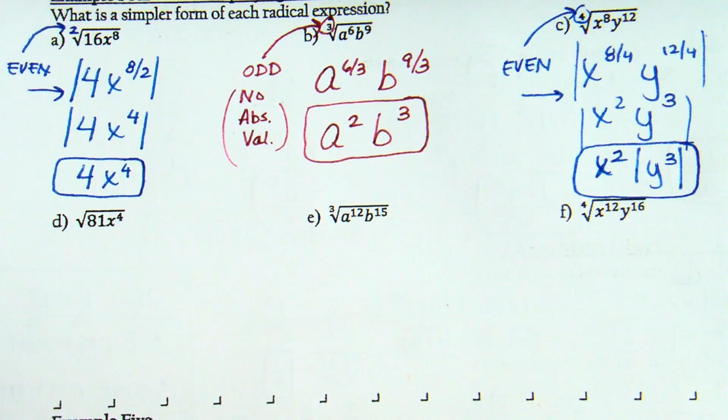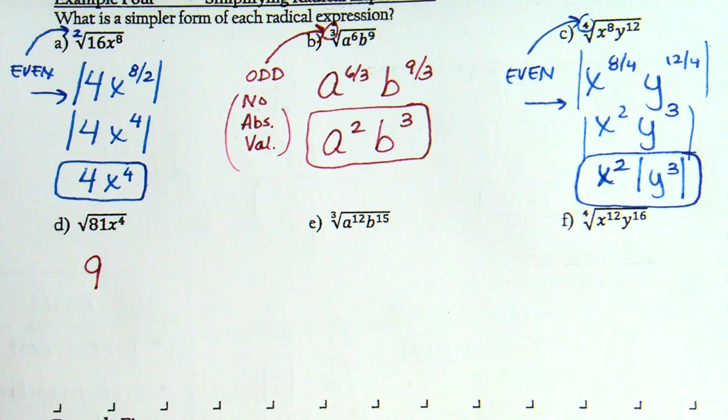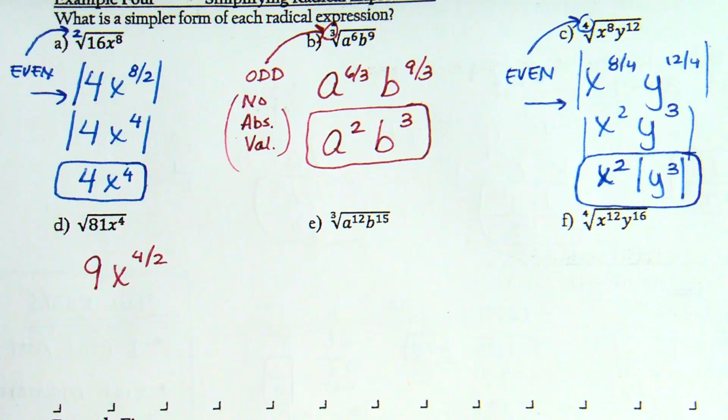Square root of 81x to the fourth. Square root of 81, 9. Square root of x to the fourth, x to the second, and why is that? Take that 4, divide by 2.